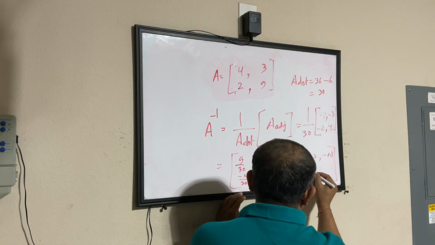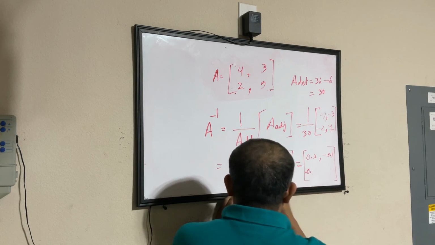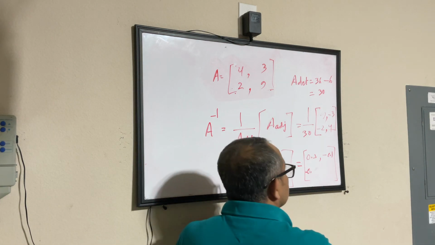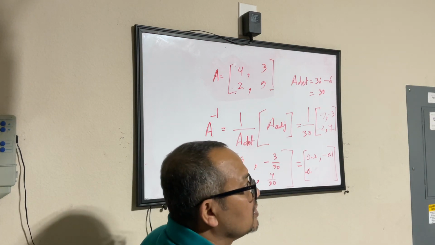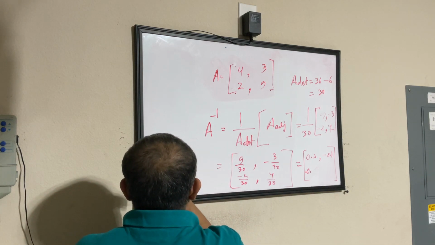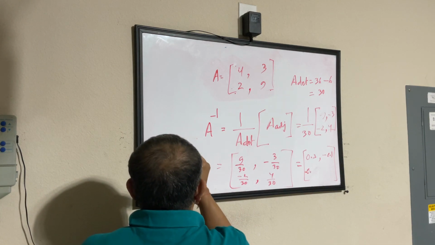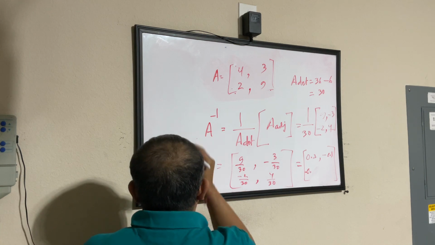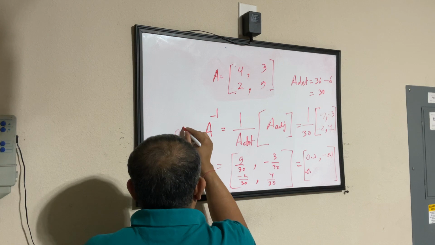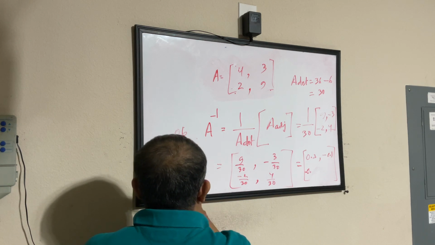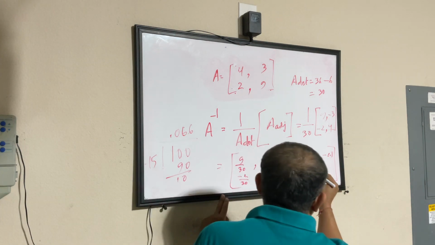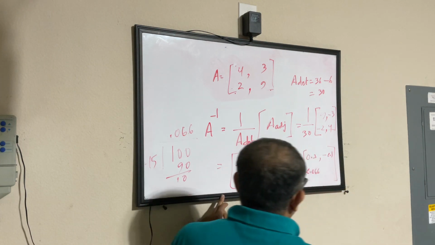That will be how much? 15 sixes are 90. We got 0.66.